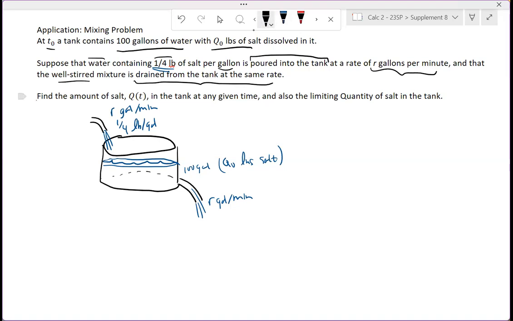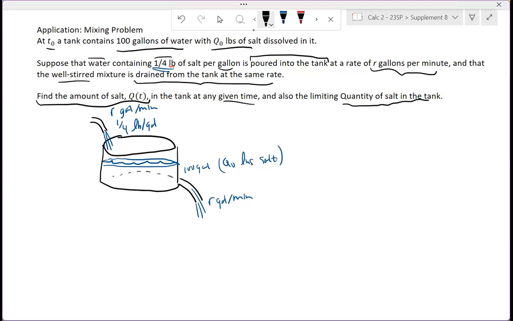And what we want to do is find the amount of salt Q in the tank at any given time, and also the limiting quantity of salt in the tank. So one thing that I might imagine is if I let this system go for quite a while, I should reach an equilibrium that's like if I started with an empty tank and then just filled it up with the quarter pound per gallon solution that's being poured in.